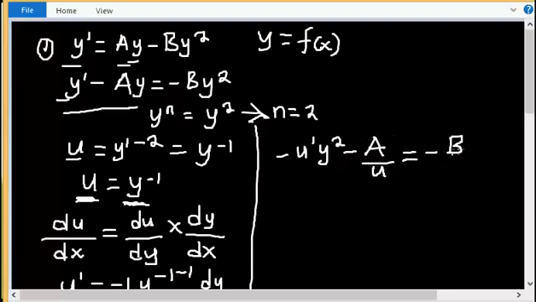Of course, you know that y is the reciprocal of u, so since it's squared, that's going to be minus b over u square. Okay, I hope that is well understood. So now this is the equation. This equation now has y prime replaced with u prime, and y with u.